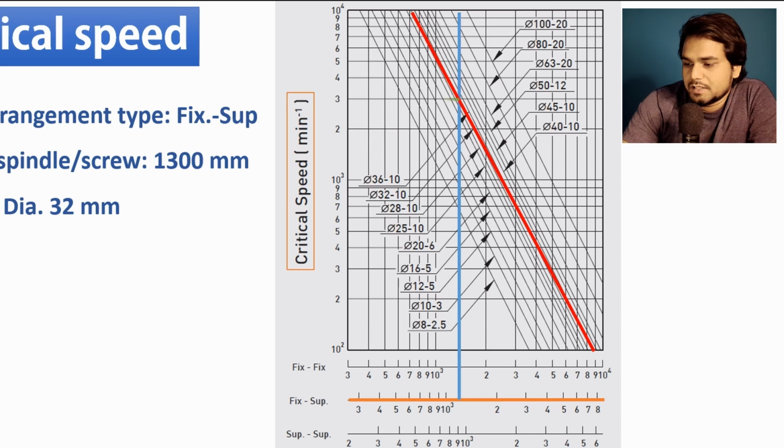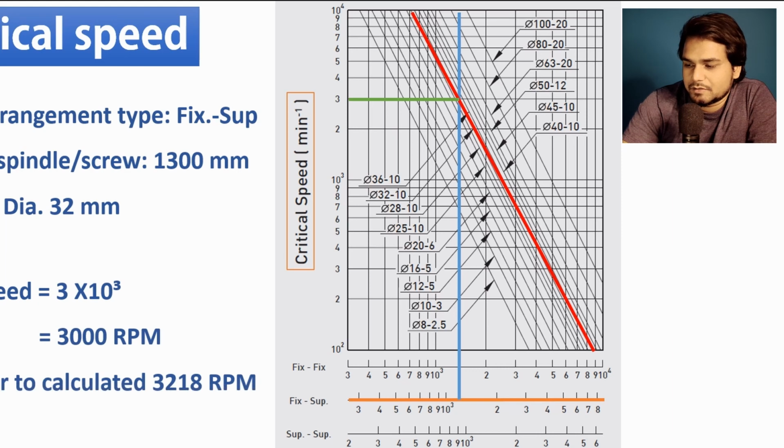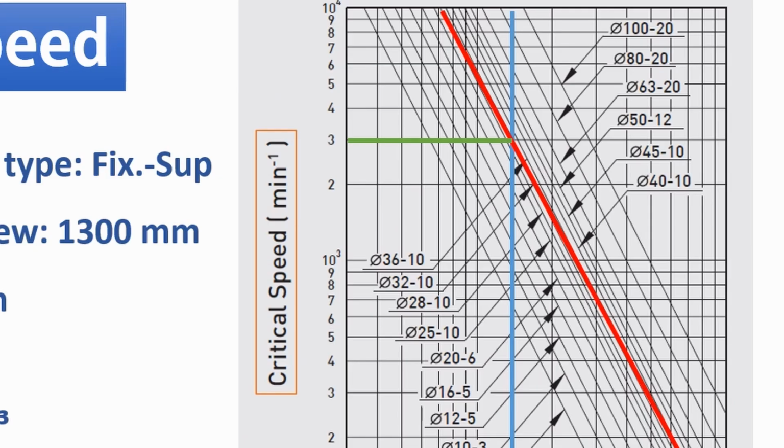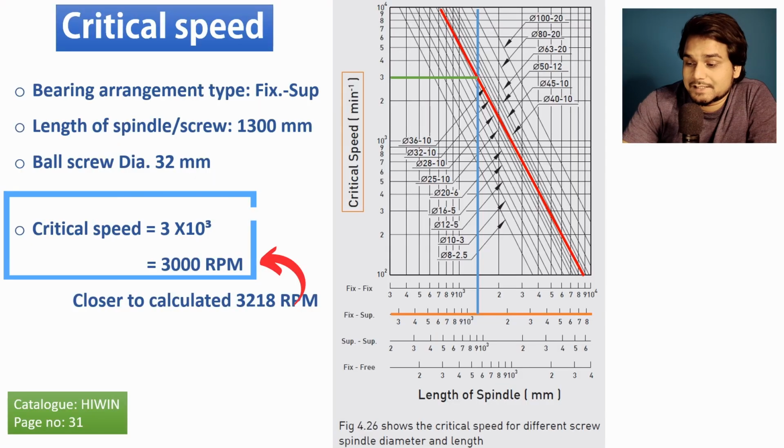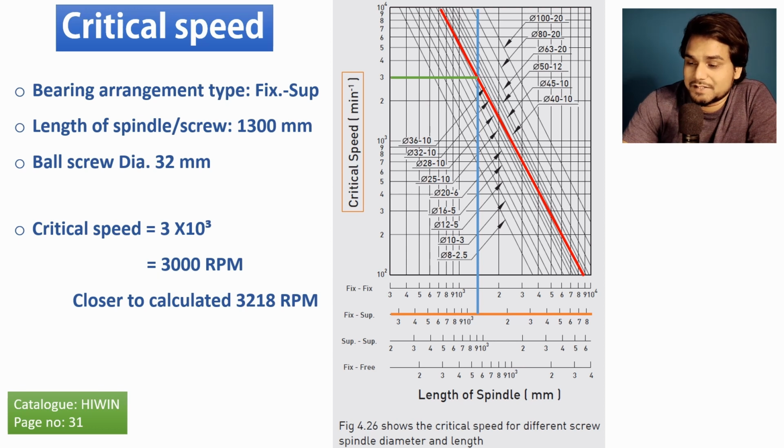If you match this, the critical speed would be approximately 3 into 10 to the power 3, 3000 rpm. So the selected ball screw critical speed should be under this value, and our ball screw is safe.